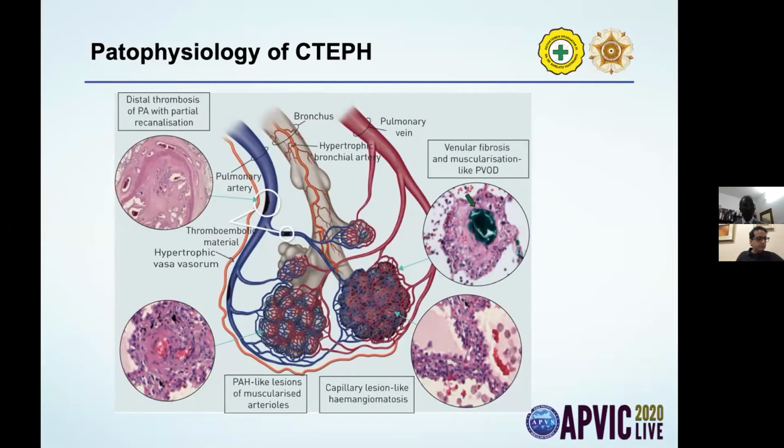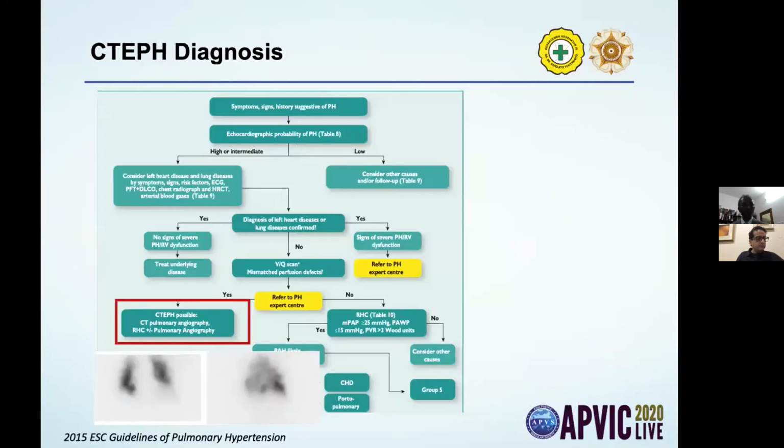So the challenge for us in developing countries is how to diagnose CTEPH itself. We have quite a number of patients with symptoms and signs of pulmonary hypertension, and we already have very strict criteria for high probability of pulmonary hypertension by echocardiography, which is also established in the guidelines.